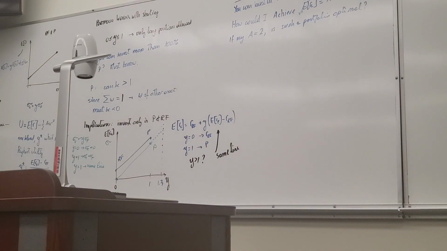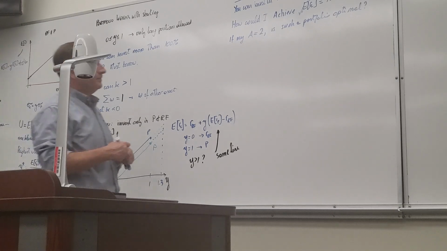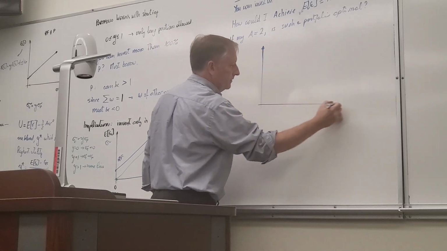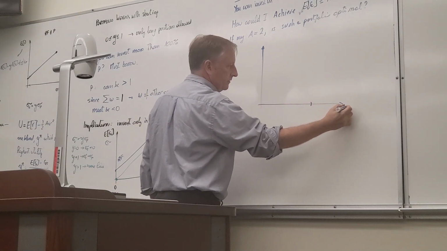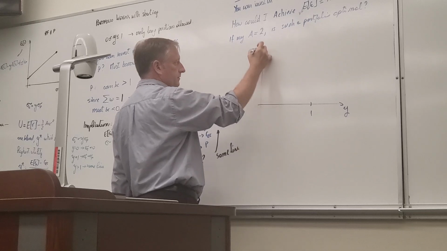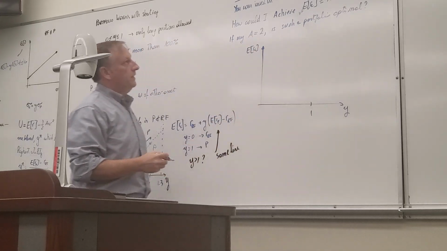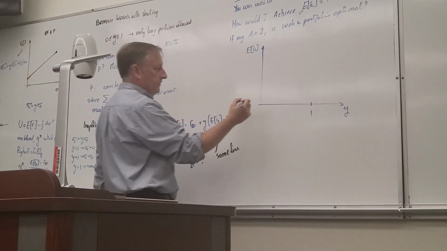Okay, so you can invest in a risky asset with a return of 10% and a risk of 15. And you can invest in T-bills with a return of 1%. How can I achieve an expected return of 13% overall? So let's graph it. So if you invest all in T-bills, this number is a 1.